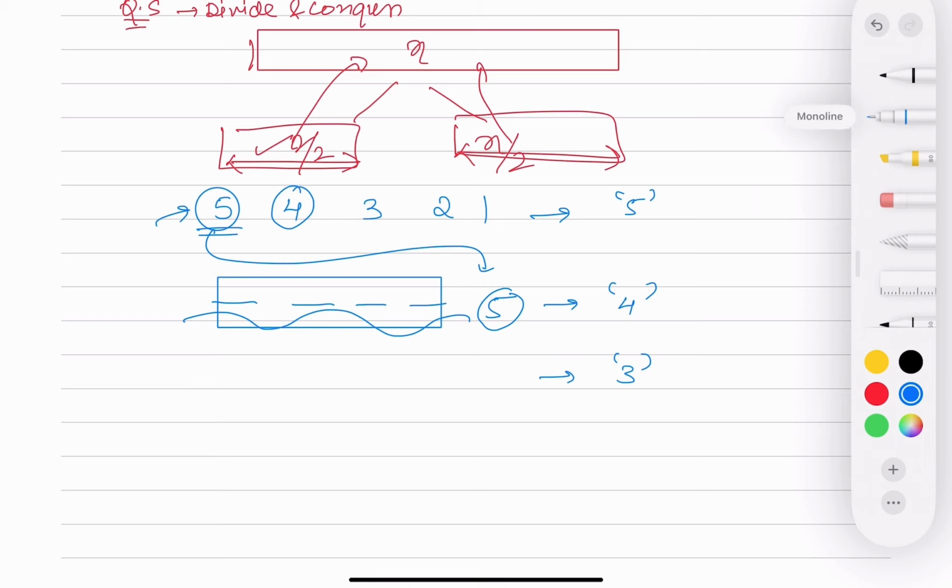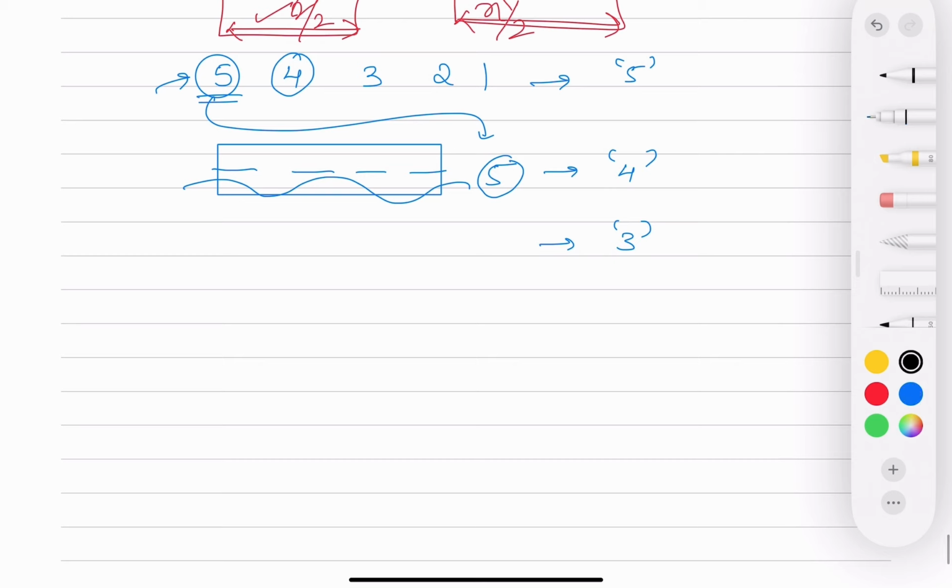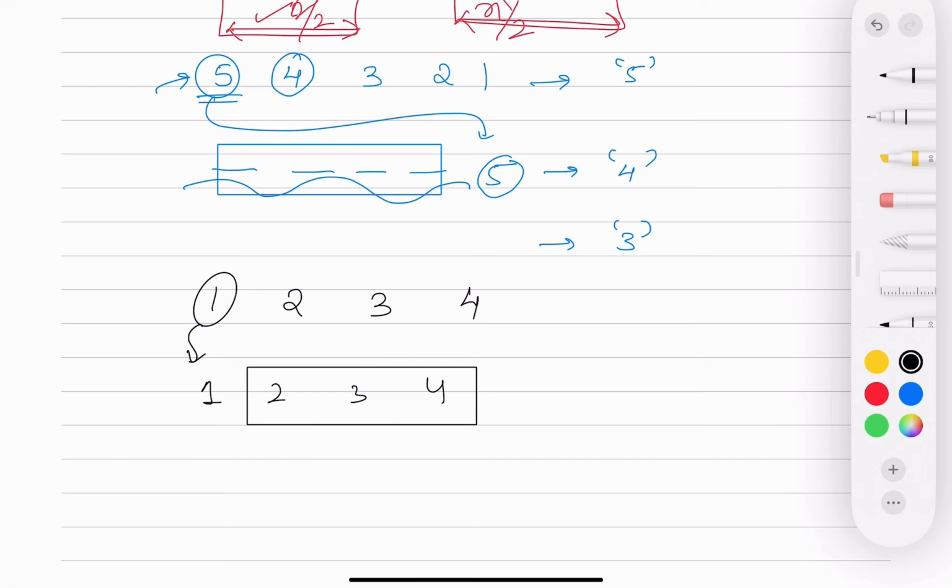Let me give you another example. If you choose the smallest element, what happens? For example, 1, 2, 3, and 4. If you choose 1 as the pivot element, the right position of the pivot is here only. So now you need to solve for these 3 elements.